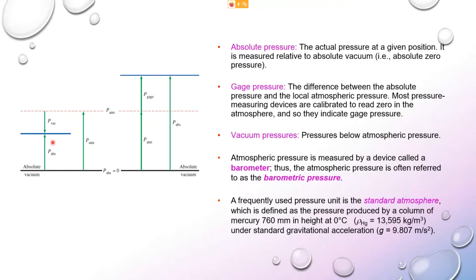So for absolute pressure, if you are referring to a vacuum pressure, you have to take atmospheric pressure minus vacuum pressure in order to find absolute. But usually we take absolute pressure as gauge pressure plus atmospheric pressure.